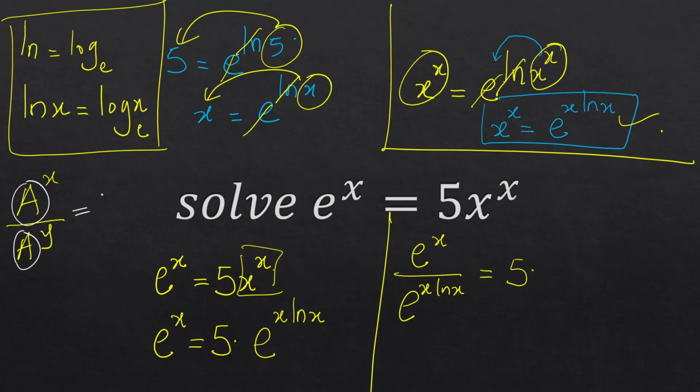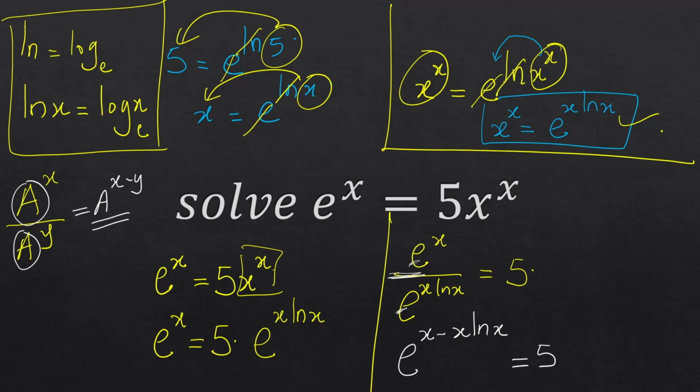So this is going to be a raised to power x minus y. The same thing here. Since this e and this e are the same and they are divided, I will subtract their powers. So I will say e raised to power x minus x ln x is going to be equal to 5.